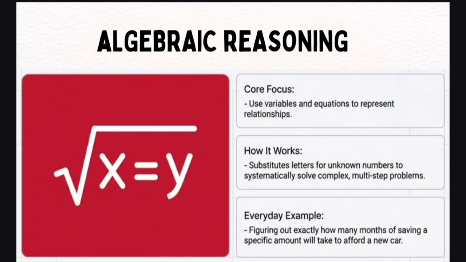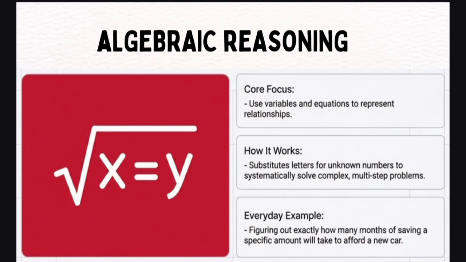Next one is algebraic reasoning. This uses variables and equations to represent relationships. So algebraic reasoning substitutes letters for unknown numbers to systematically solve complex multi-step problems.